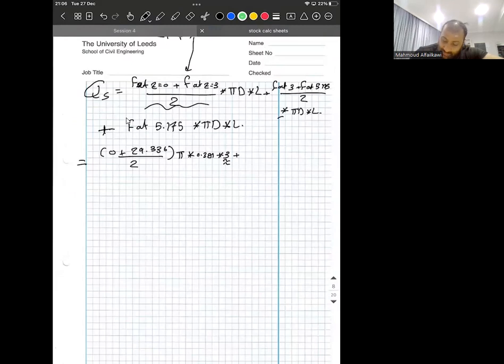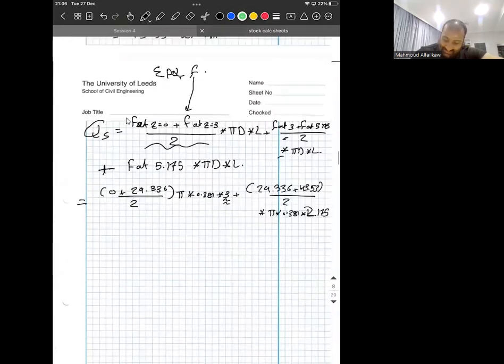So now I'm going to have the second term, which is basically 29.336 plus 43.53 over 2 multiplied by pi D, which is the parameter now, pi multiplied by 0.381, multiplied by L, which is 2.175, which is this layer now.